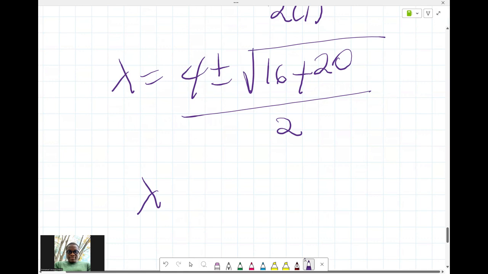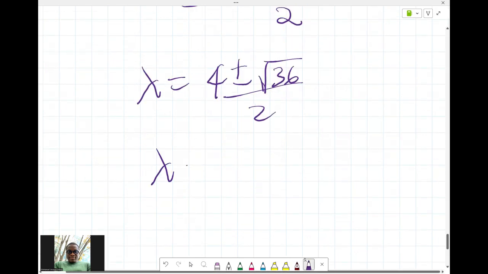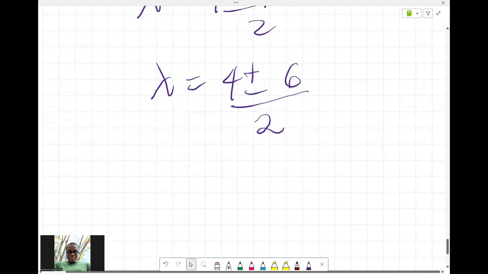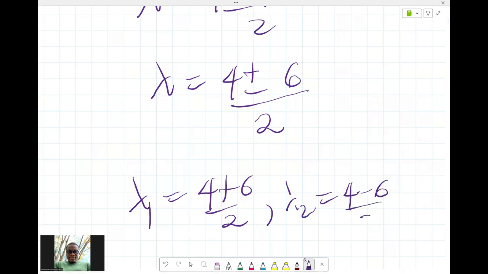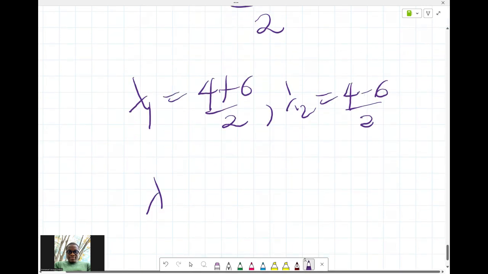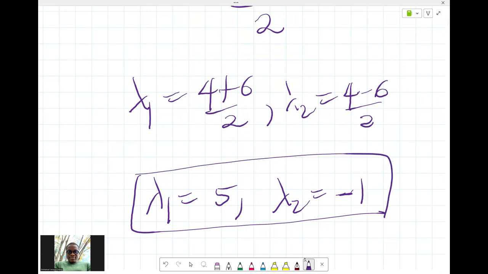So lambda equals 4 plus or minus root 36 all over 2. 36 is a perfect square, so we have 4 plus or minus 6 all over 2. So lambda 1 equals 4 plus 6 divided by 2, and lambda 2 equals 4 minus 6 all over 2. So lambda 1 is 10 divided by 2, which is 5, and lambda 2 is minus 2 divided by 2, that's minus 1.